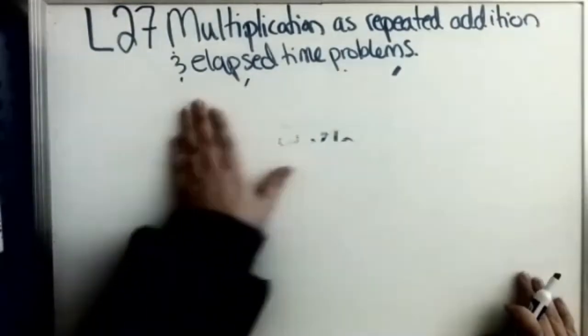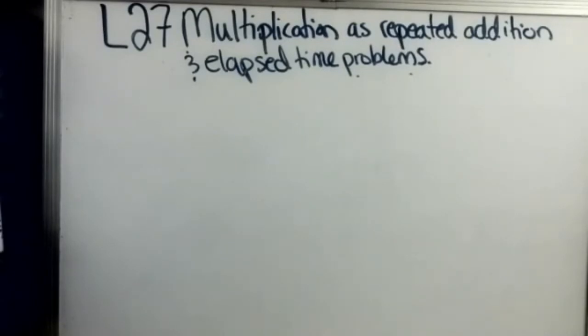When you're looking at elapsed time problems, there's really 2 ways to do it. I like doing it with clocks, but there's other ways you can do it as well. If you're really good at working with different bases, you could do a base 60, but we're not going to go into that too much. I can show you, but we're going to do it a couple other ways.